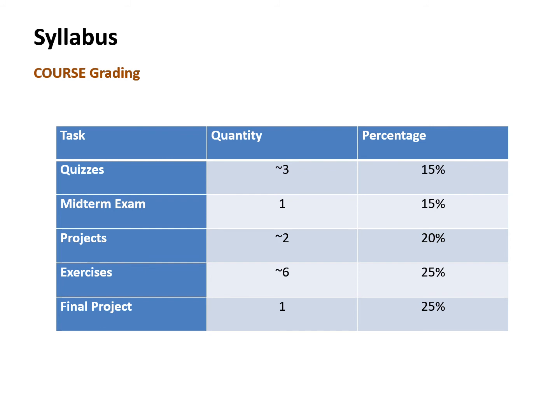Projects: approximately 2 projects, or I might call them mini projects. Lots of exercises and homeworks, and the final project. On the final project, I expect students to submit a very good report, a video, code, and a nice simulation.